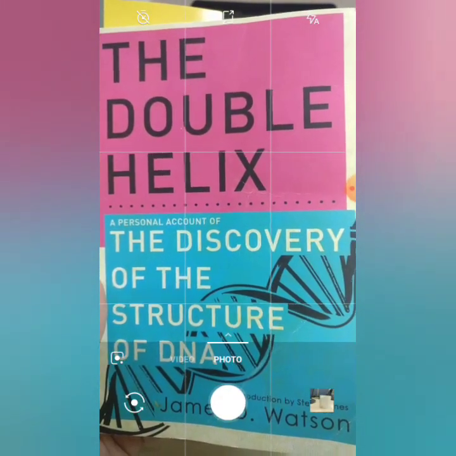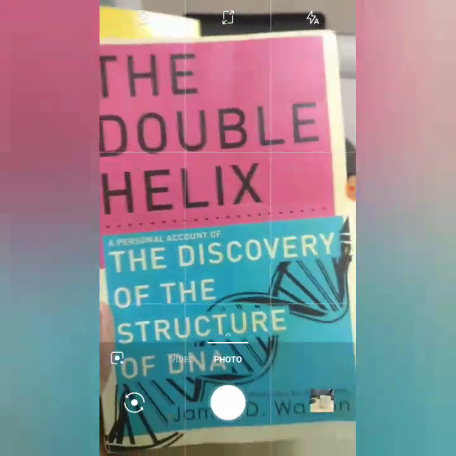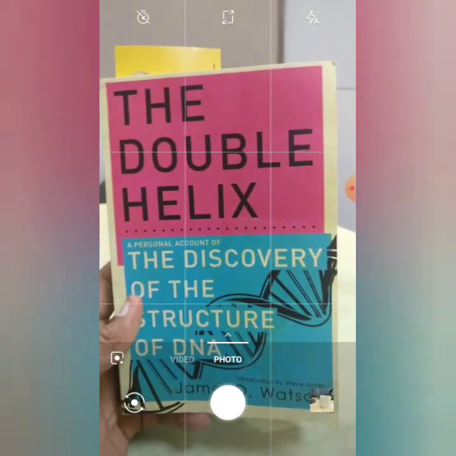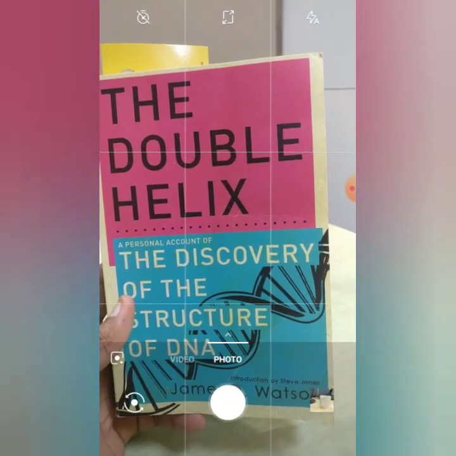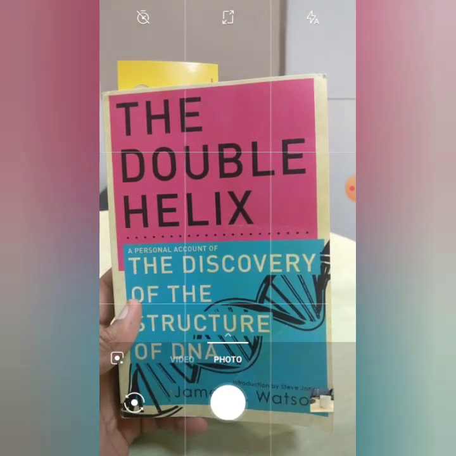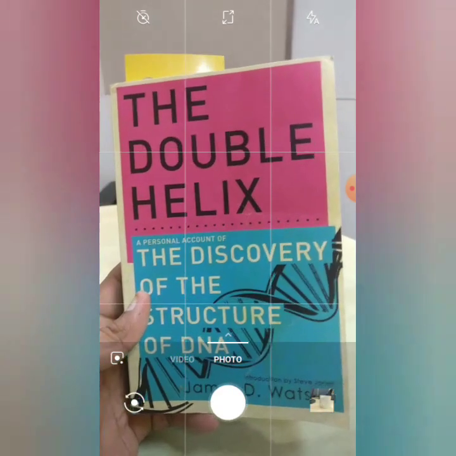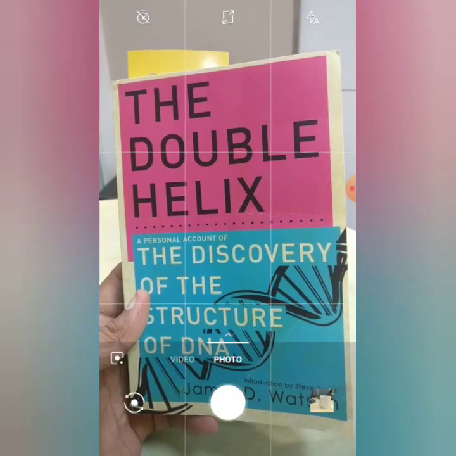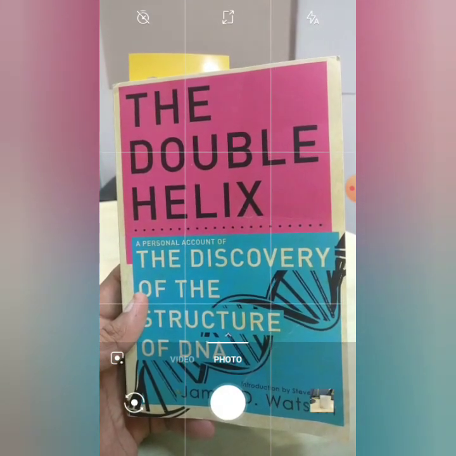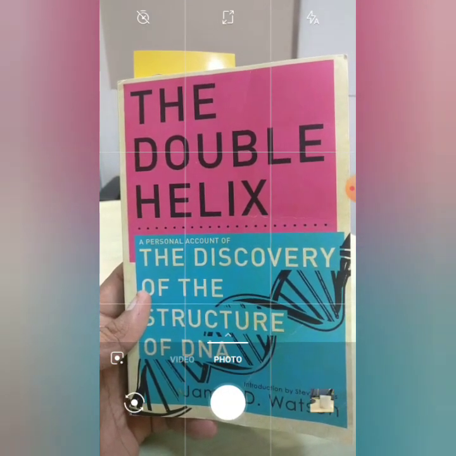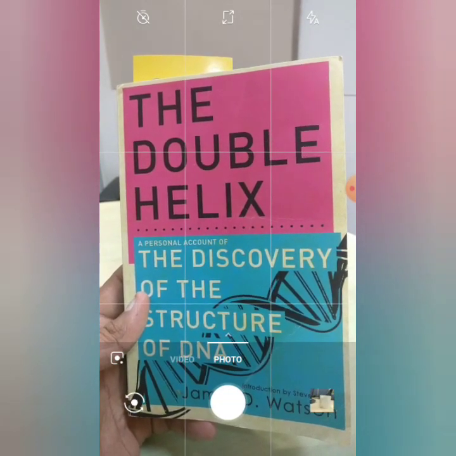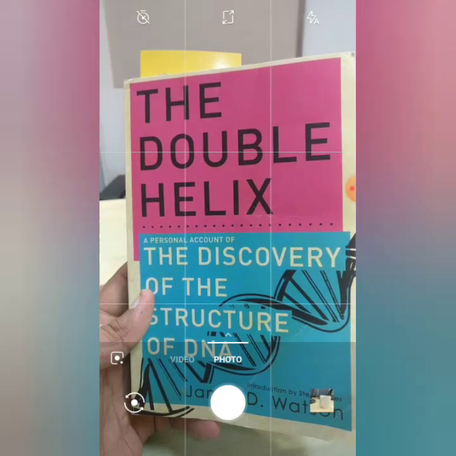Let me give you a brief summary of this book. This book is The Double Helix by James Watson. You probably know Watson and Crick, who figured out the structure of DNA back in the 1950s, and they got a Nobel Prize for that. What encouraged me from this book was that we all think Watson and Crick figured out the model by themselves, but I came to know I was wrong.